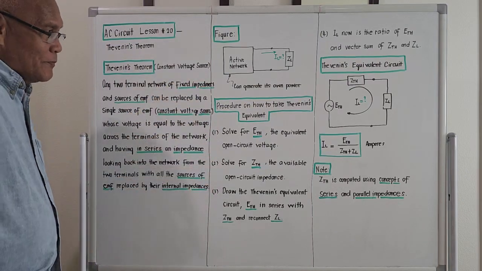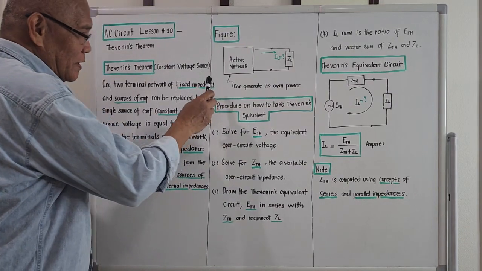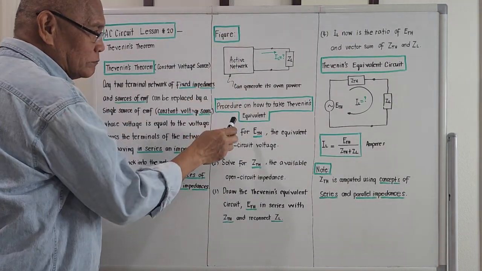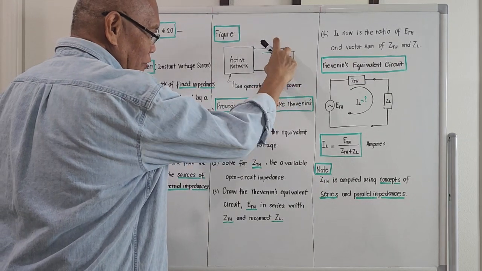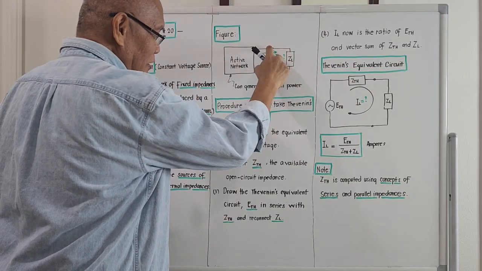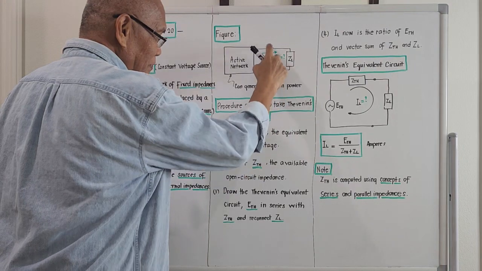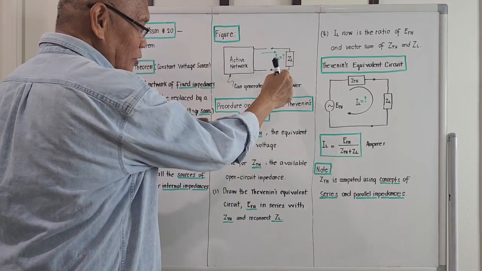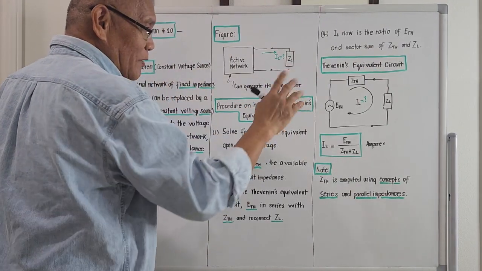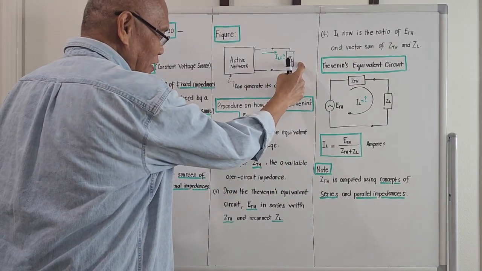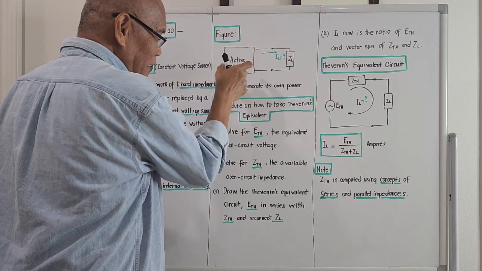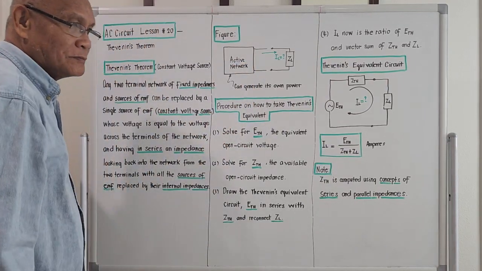Meaning to say, if we are given a complex active network, and we are to connect a load ZL across it, initially that load is not connected. And we try to connect that load. The problem is asking what will be the current that will pass through this load ZL, and we do not know anything about that active network inside.